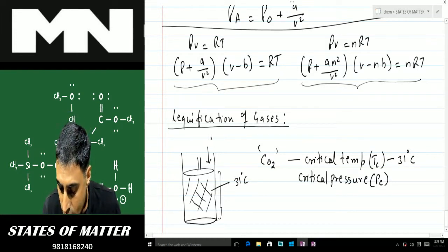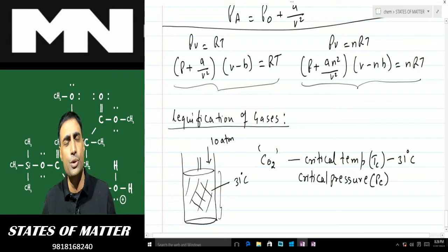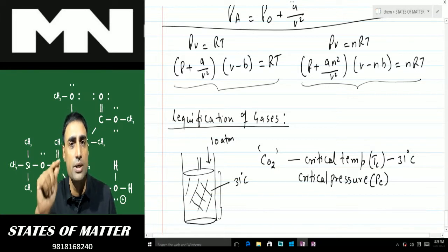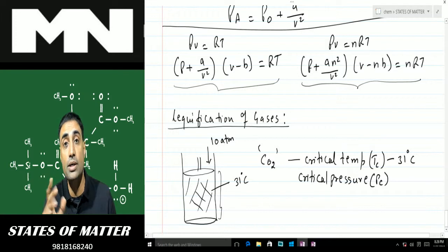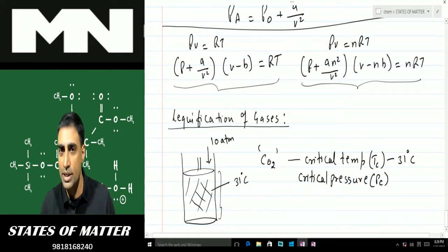Say, at a pressure of 10 atmospheres, CO2 undergoes liquefaction. That means it can undergo liquefaction not only at 10 atmospheres, but also at 11, 12, 13, 14, but not at 9 or 9.5. So critical pressure is the minimum pressure required at critical temperature to liquefy a gas.